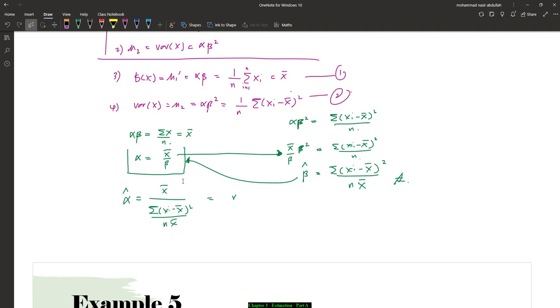So this one should be n x bar squared divided by summation of xi minus x bar squared. So alpha hat should be n x bar squared divided by summation of xi minus x bar squared, and beta hat should be summation of xi minus x bar squared divided by n x bar. So this is the estimator for alpha and beta.